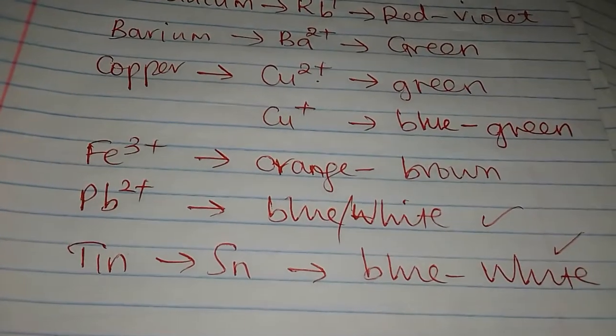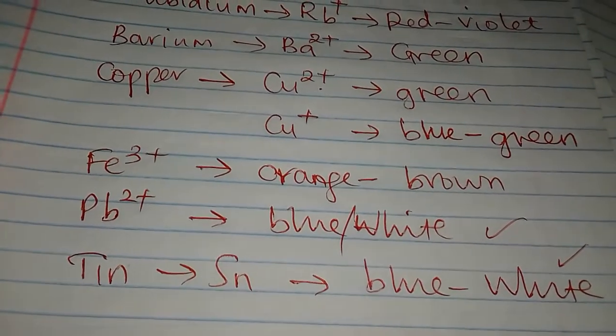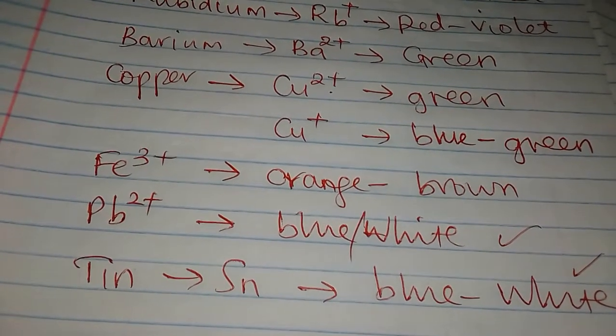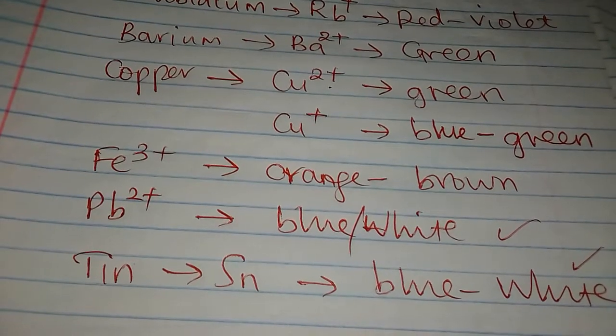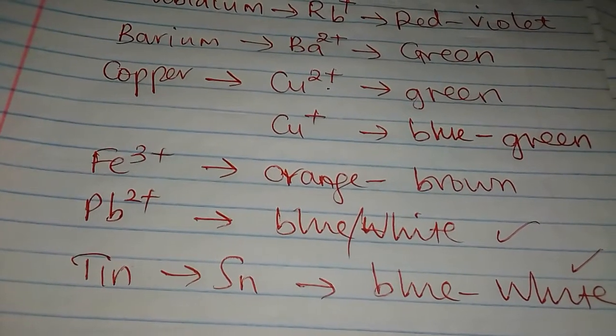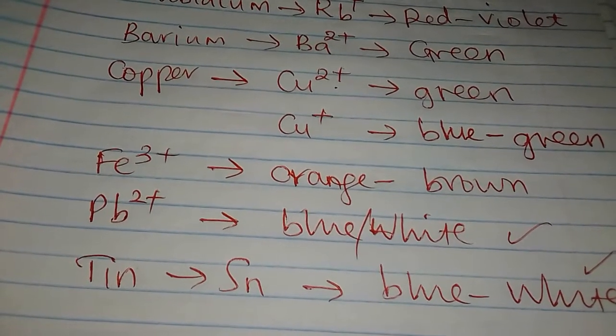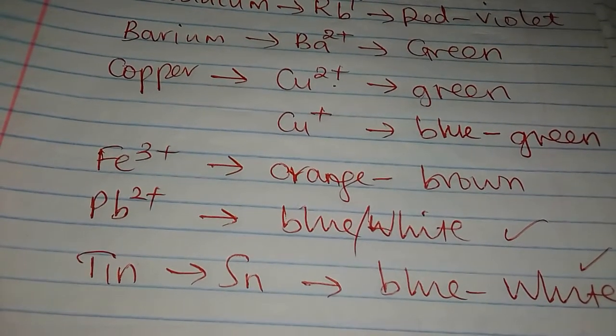So they have a similarity in terms of the flames produced when those metals get burned in a non-luminous flame using a nichrome wire. So that is just a summary of what you expect to get.